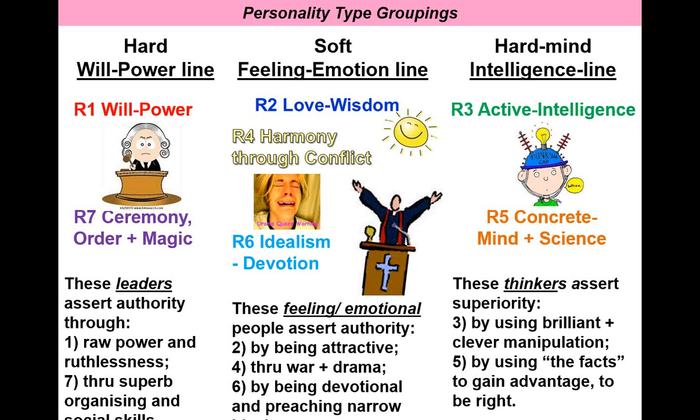Yes, I will fight with you, but I'm only doing this because I really want to be at harmony with you. And anyway, I hate this conflict within me. It destroys me. I won't be happy until I am at peace and I am in harmony. And so this is the way Ray 4 personalities are always fighting and always putting their hand out to make friends. So some of you might recognize that within you.